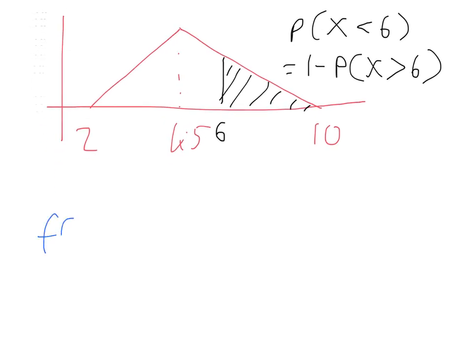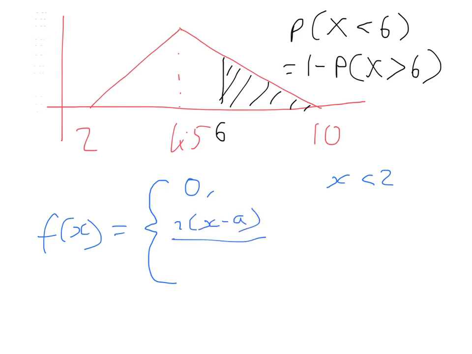We know that f of x is 0 when x is less than 2. Alright, now it's 2x minus a. So 2 lots of x minus a. And our a here, of course, is 2.